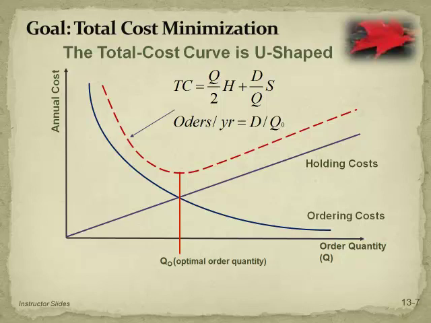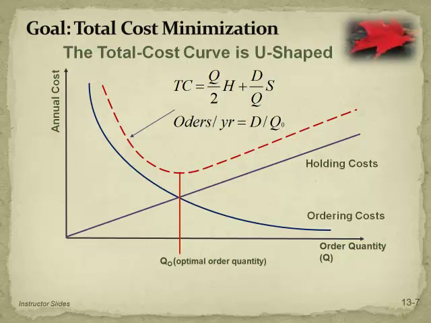So at any point on the horizontal axis, I can pick up the ordering cost, add to that the holding cost for that particular point, and that will determine what the total cost will be.